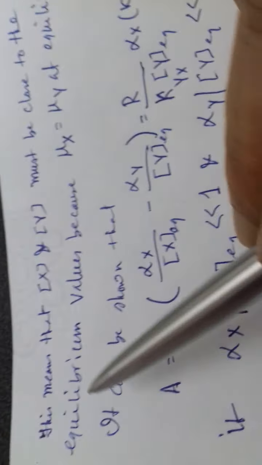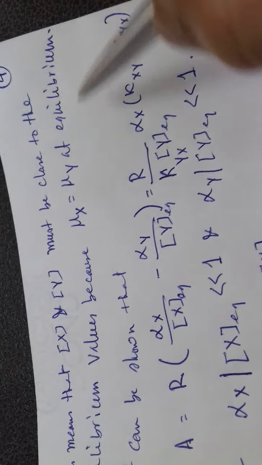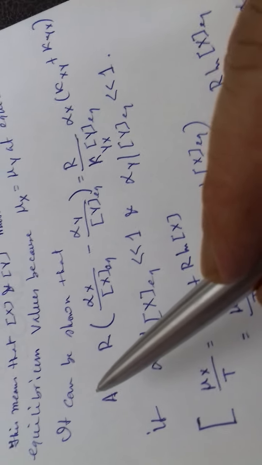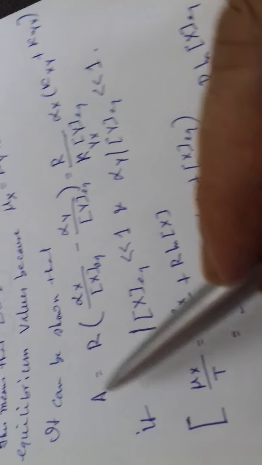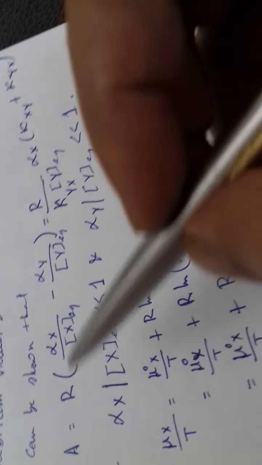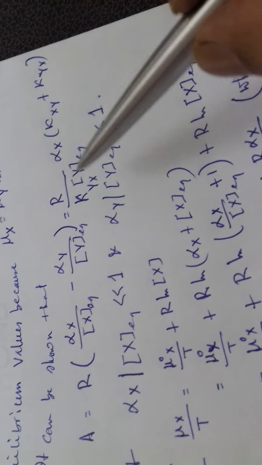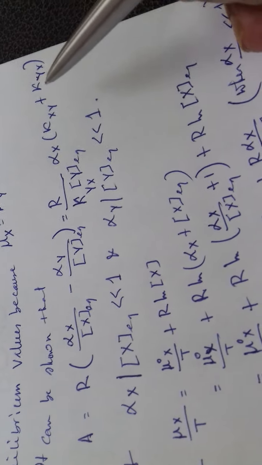This means that the concentrations of x and y must be close to the equilibrium values, because mu x equals mu y only at equilibrium. It can be shown that A, the affinity of reaction, that is mu x by T minus mu y by T, equals R into alpha x by xeq minus alpha y by yeq, or equals R divided by kxy kyx yeq, alpha x into kxy plus kyx.